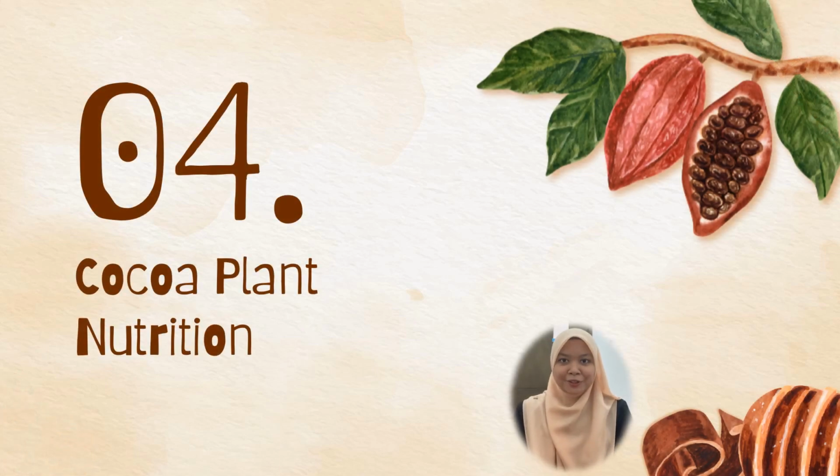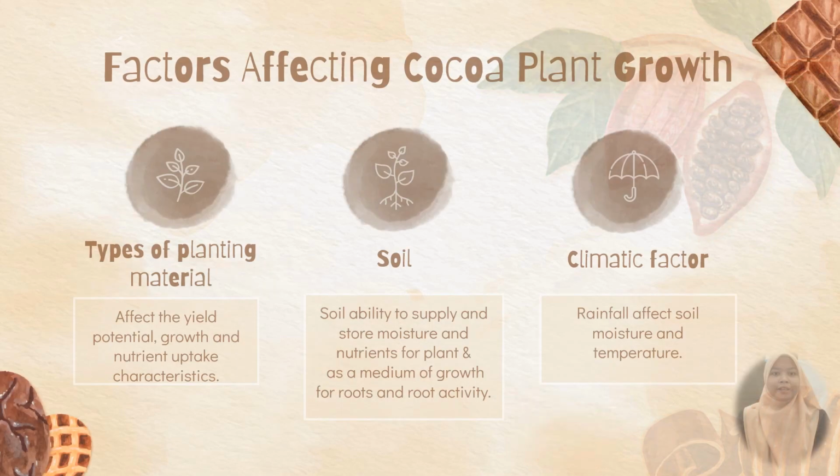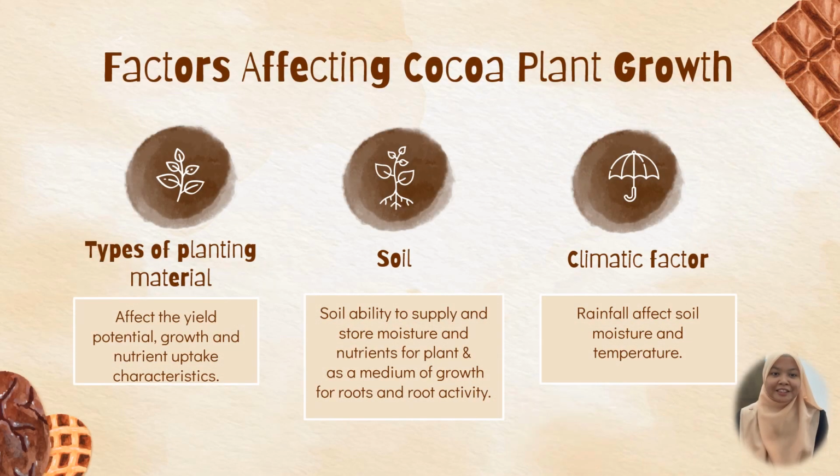Now I will explain cocoa plant nutrition. The factors affecting cocoa plant growth are types of planting material, soils, and climatic factors. The type of planting material for cocoa plant is crucial as it will affect the yield potential, growth of the plant, and nutrient uptake.